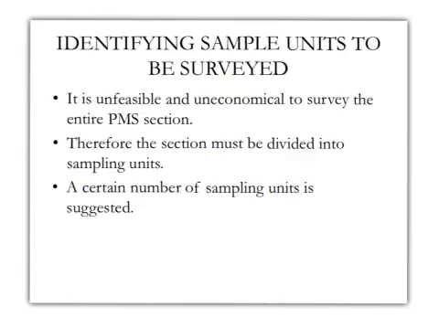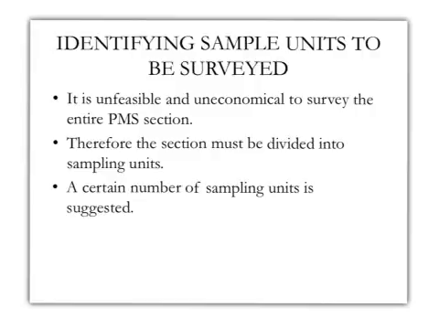Now shifting gears to another topic under the same theme: we need to identify the sample units to be surveyed. As you could imagine, going to the field, it's not really feasible or even economical to survey the entire PMS section. So we need to think of dividing the sections into sampling units, and based on those sampling units we need to pick some of them to be surveyed.